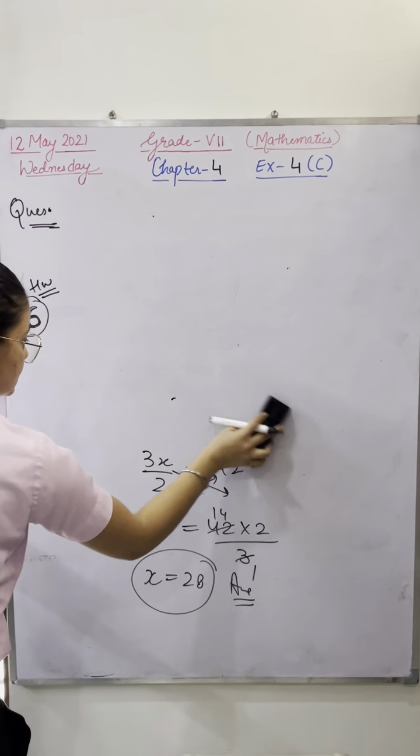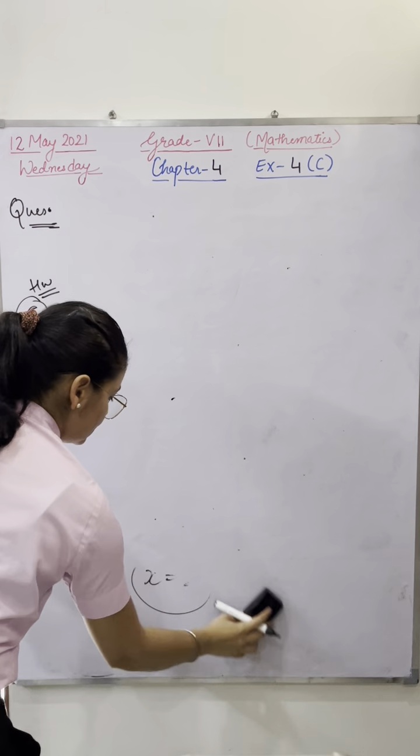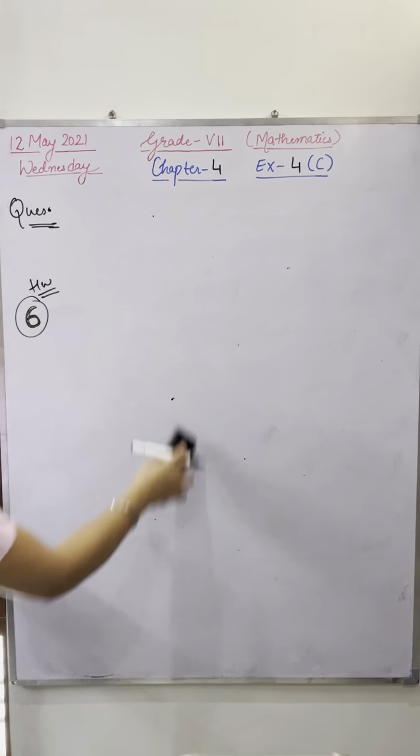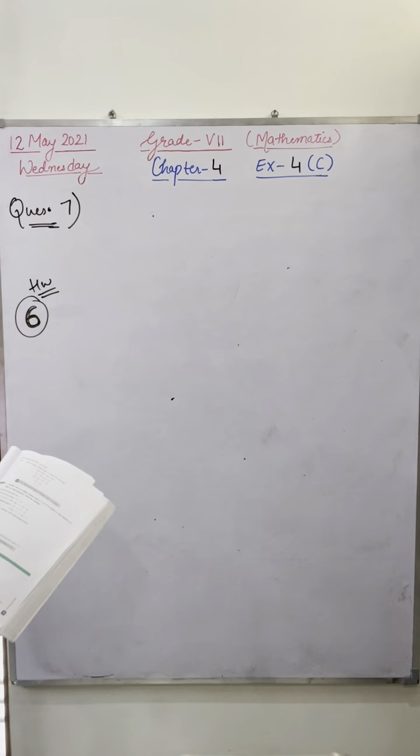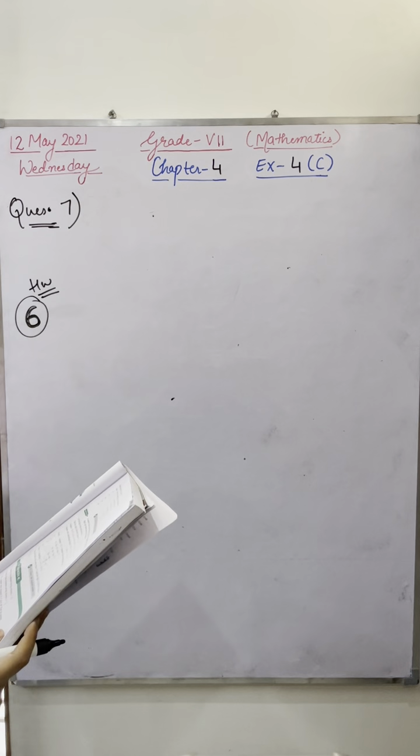By tomorrow I'll unmute some students and ask how you have solved. Now see question 7. It's the last question, then class will be finished, so sit properly in the class.